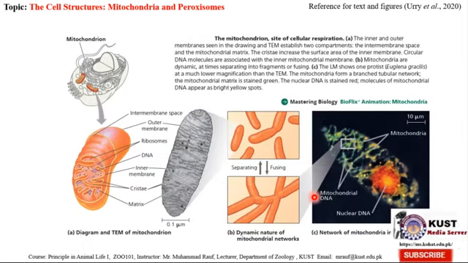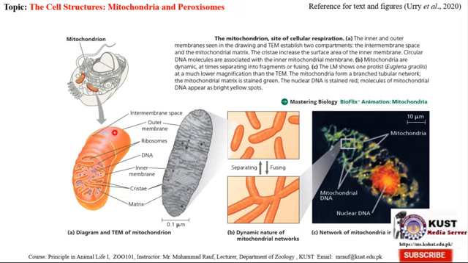So once again, to refresh your memory, this is the structure of mitochondria. A single mitochondrion is shown here in the first image, and it has two membranes.